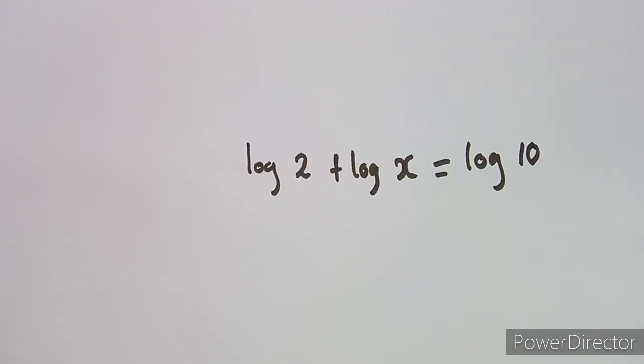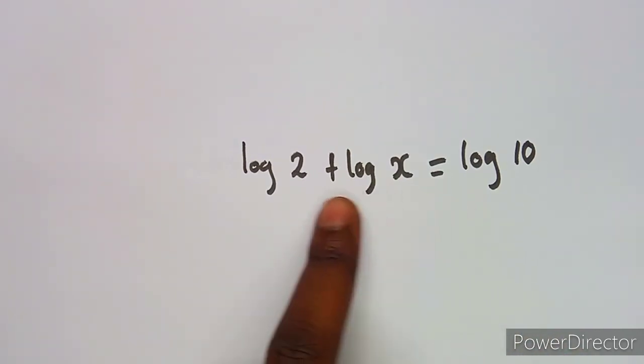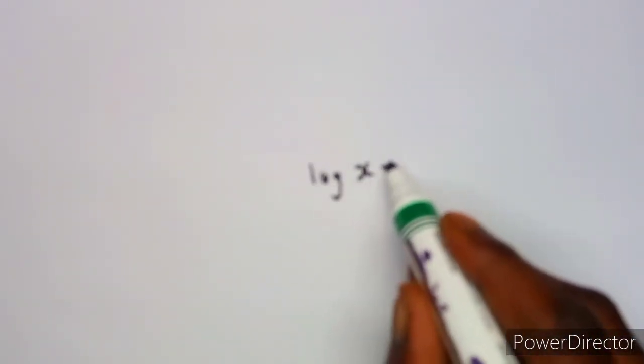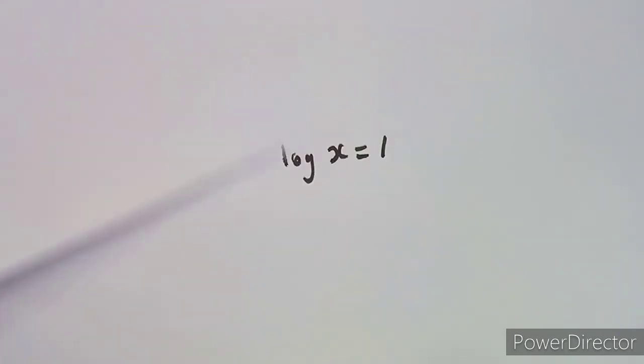If you are given a question which has got logarithms throughout, there is no number like we are not given a condition like log x is equal to 1. We are not given that condition.